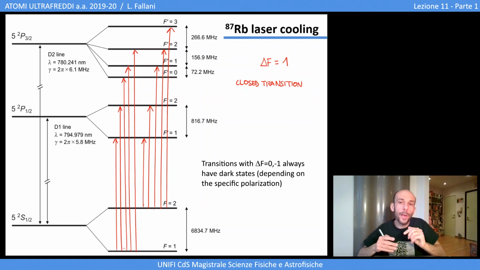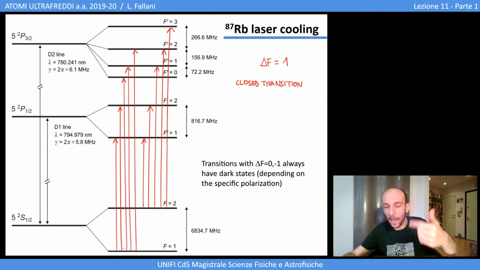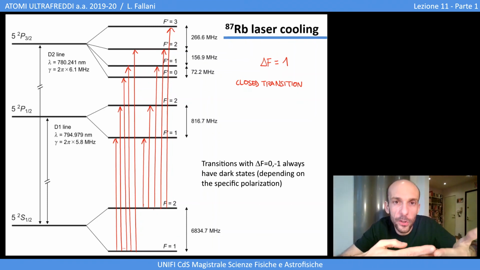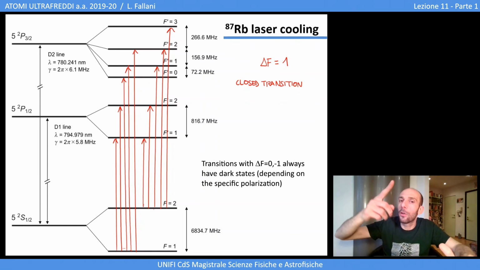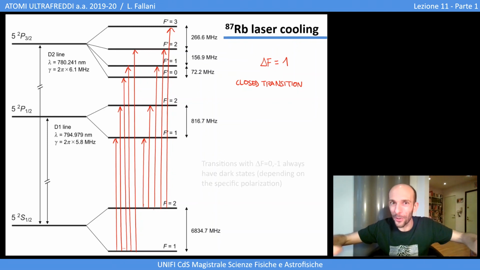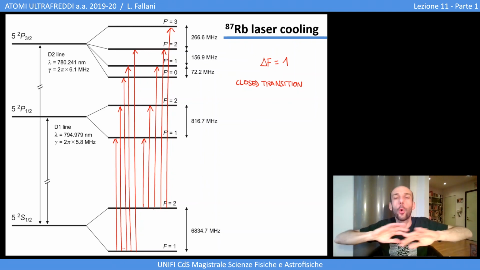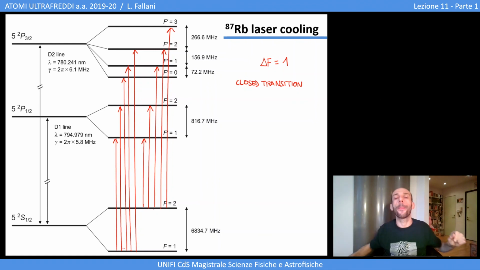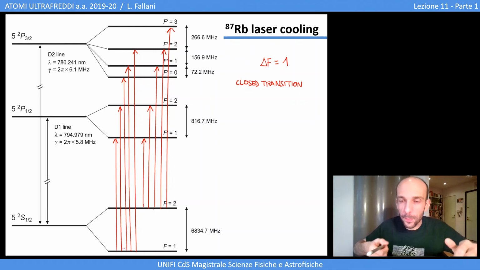So we want to play with a transition with delta F equal 1. And we want a closed transition, I say it again, because in a closed transition there are no dark states. And so the atom can scatter as many photons as you want. And we need a lot of photons to be scattered in laser cooling. So we don't want dark states for laser cooling. So let me write explicitly, closed transition, no dark states.